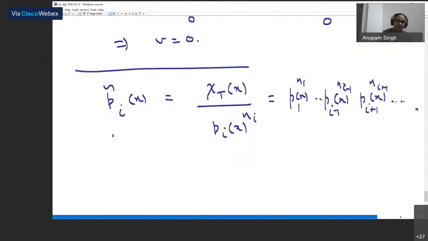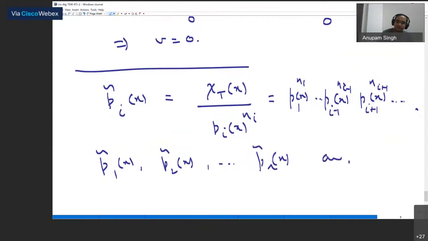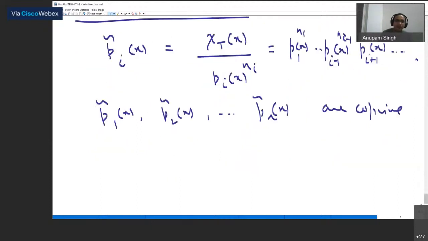So if I look now again at the polynomials P1 tilde(x), P2 tilde(x), and so on, Pr tilde(x), these are coprime. They can't have any irreducible polynomial in common. So they are coprime.